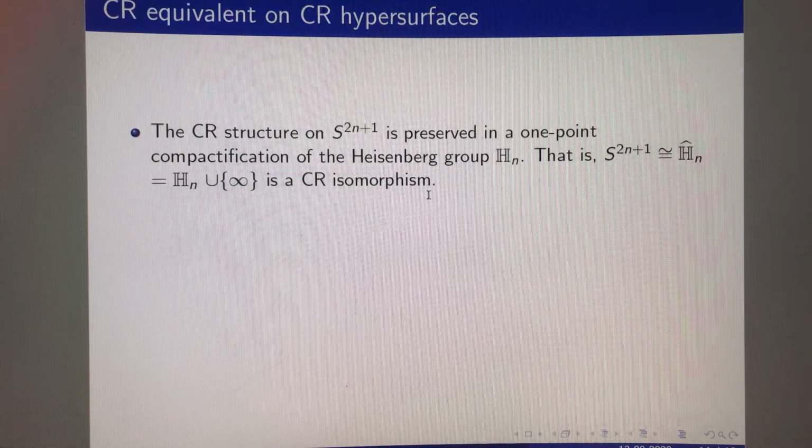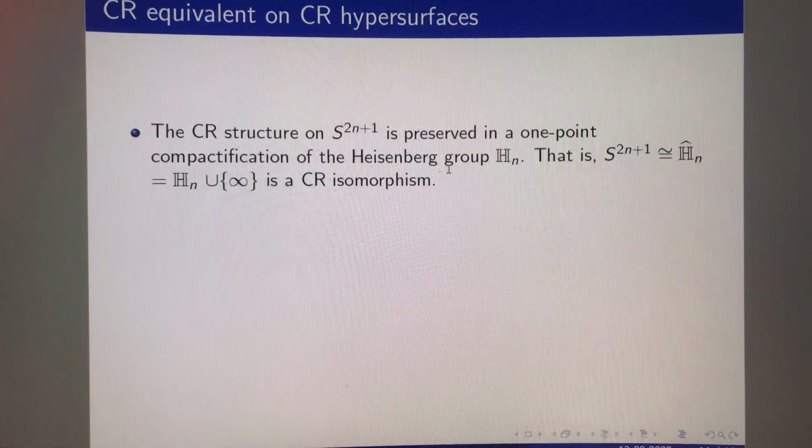So the phi prime is indeed a CR isomorphism. That is, this means the CR structure on the odd-dimensional sphere is actually preserved in the one-point compactification of the Heisenberg group. And this is the first observation.